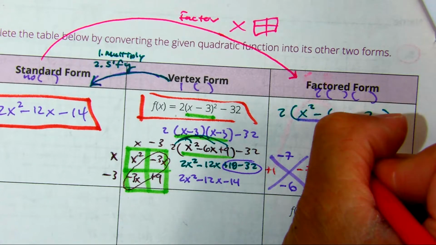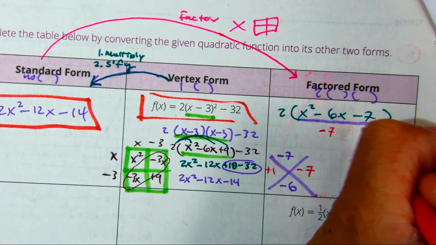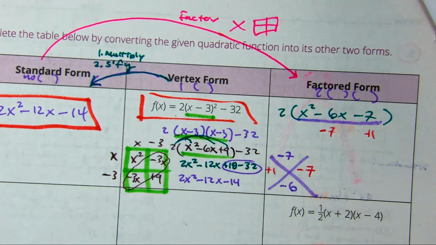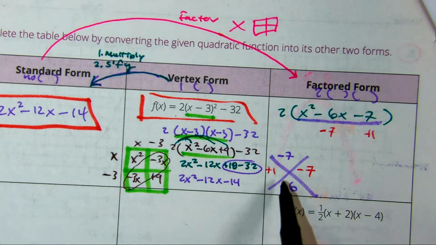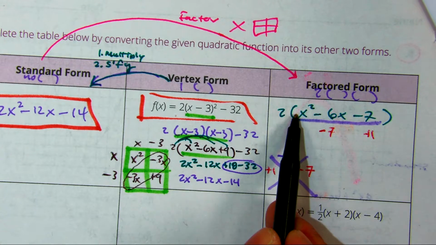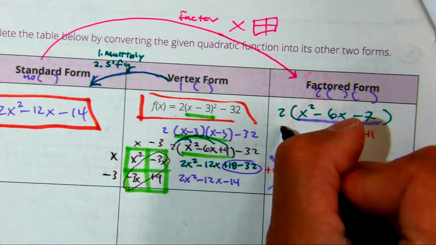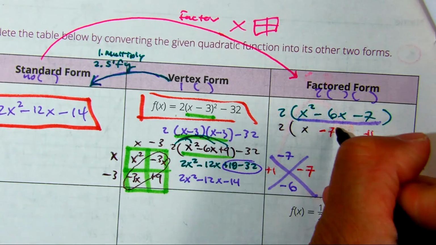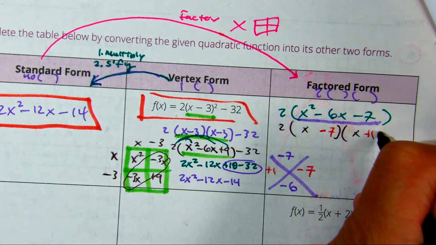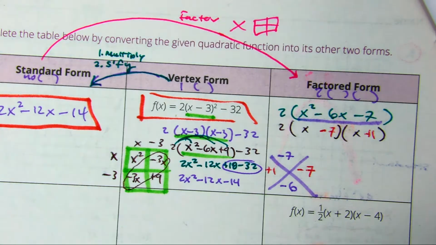Now, if you didn't watch the video, the shortcut, or not a shortcut, is you don't need the box when your A value is equal to 1. So I just have 2 times x minus 7, x plus 1. Now I have the 3 forms.